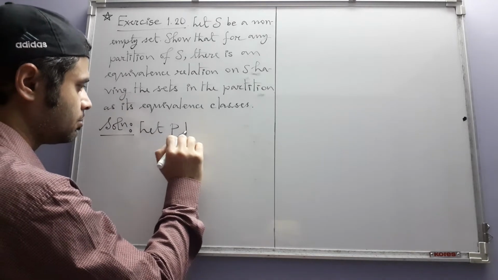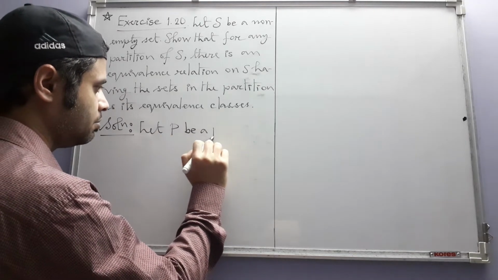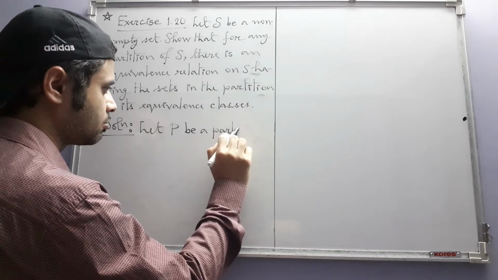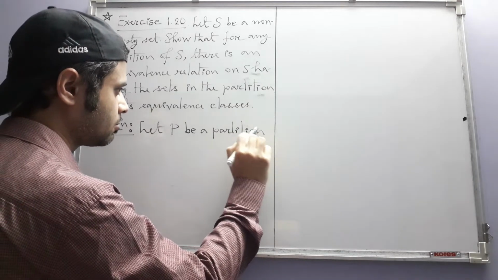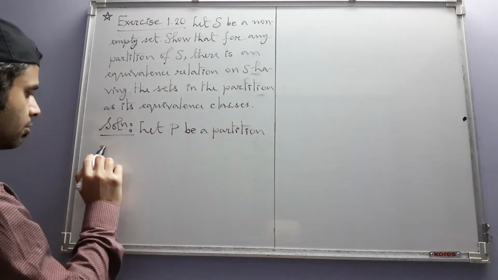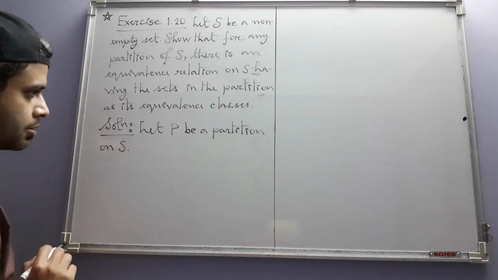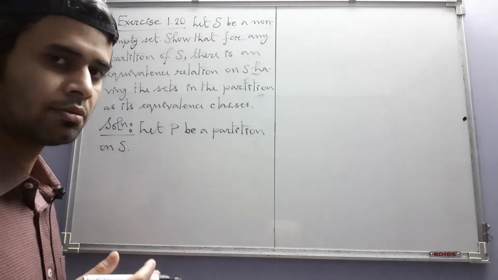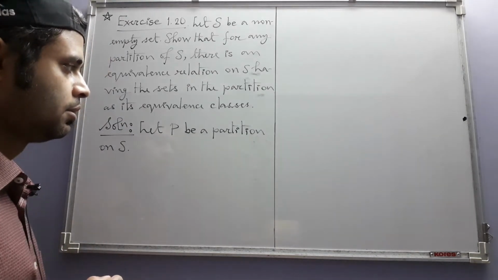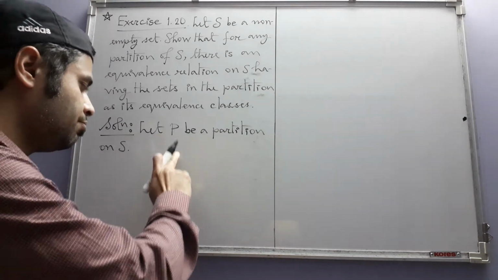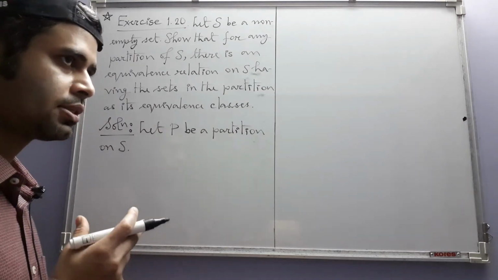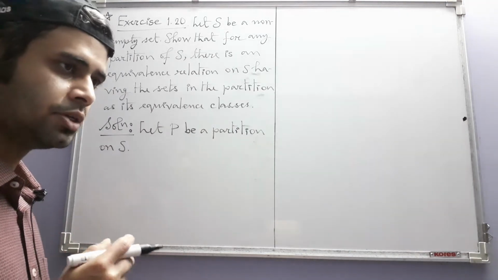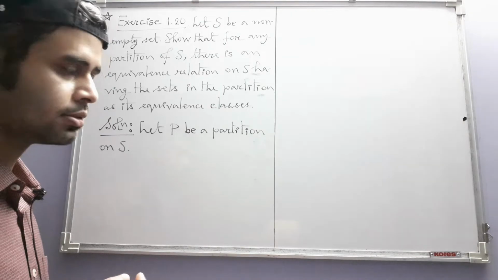Let P be a partition on S. So that means what? Let's just first see what that means. It means that P consists of some subsets of S which satisfy these conditions.